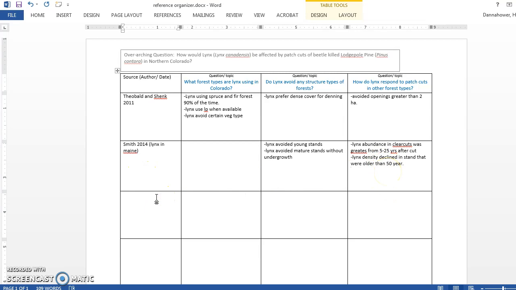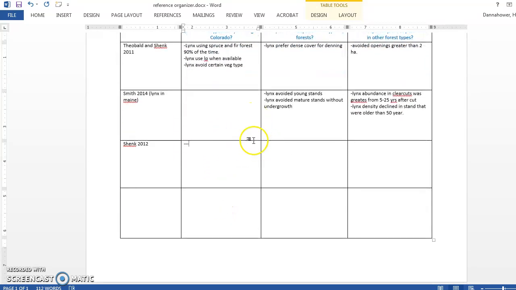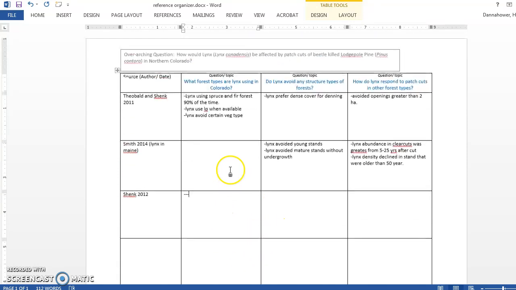I go in and I find another article. Schenk has a bunch of articles, so maybe I do another one from her. And maybe there's a whole lot of information about what habitat type lynx are using in Colorado again. So now I go to write my paper, and basically I already have it organized. I can just go down the list from all of these different sources, and I have already organized it into what forest types lynx are using in Colorado.